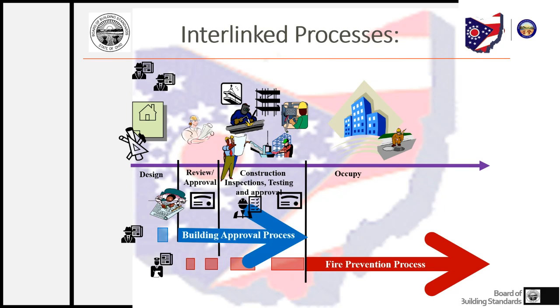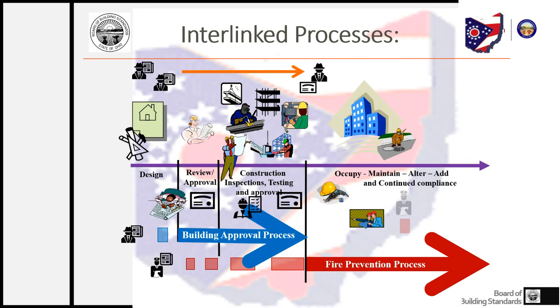They too have some ability to work with the building departments in terms of reviewing construction and construction documents and providing guidance for compliance with the Ohio Fire Code down the road. Those guys up at the top, they're going to have their own process. It's going to run independently from the building department, getting to the issuing of a license so that the owner can safely operate his business, or is permitted to operate his business.